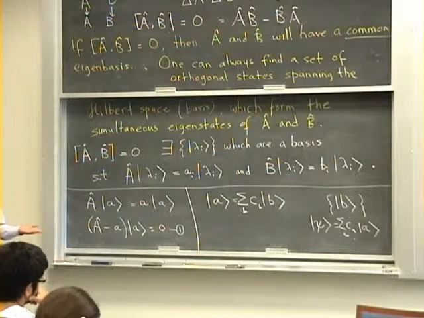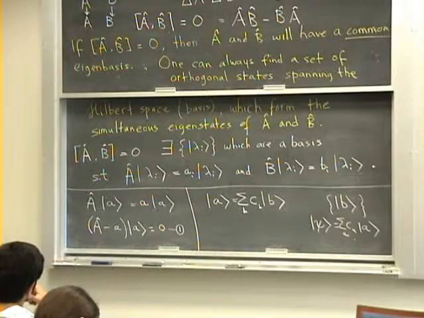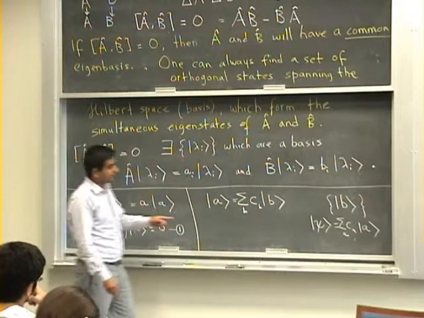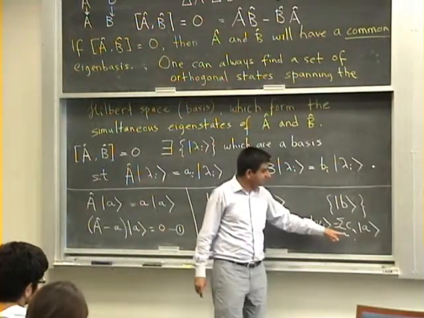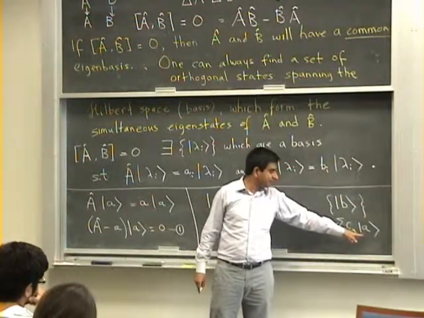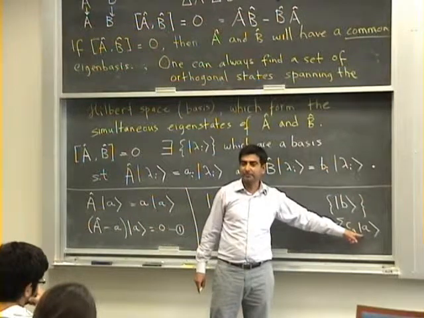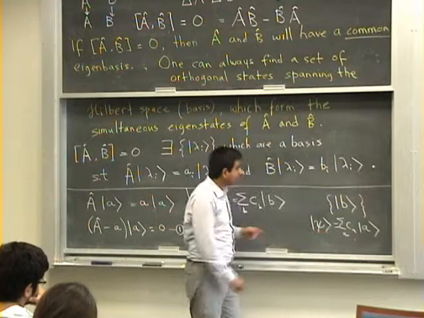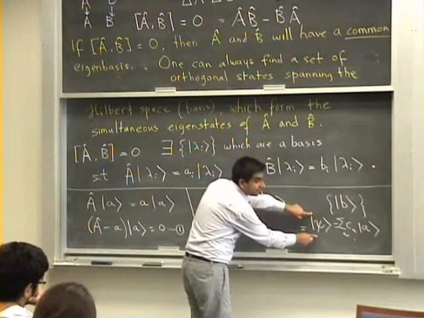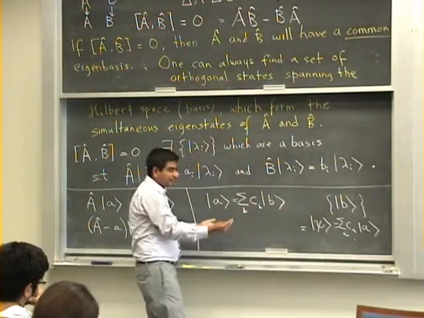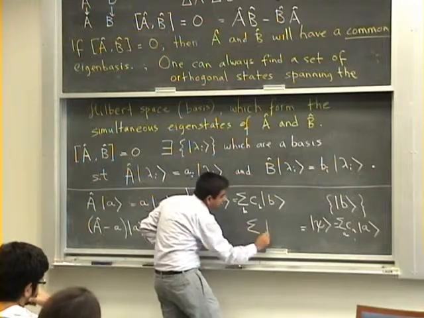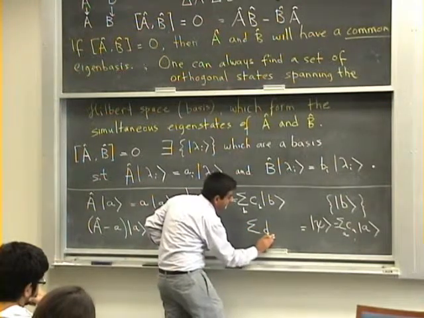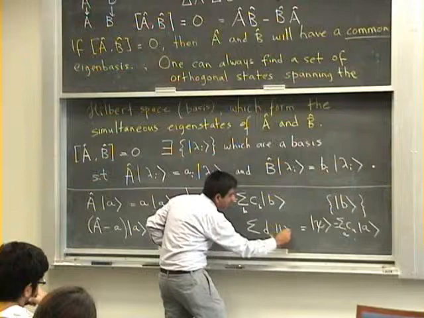ठीक बात है ना? Any vector in the Hilbert space can be decomposed as a superposition of ket A's because these ket A's form a basis. I can also decompose this vector in another basis. I can decompose this as dB ket B, right?